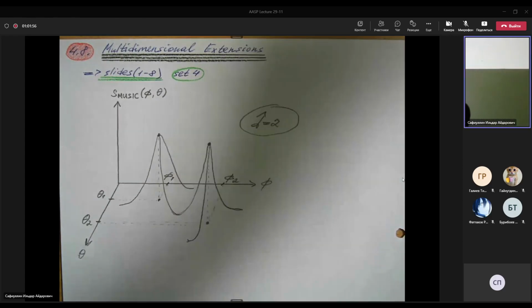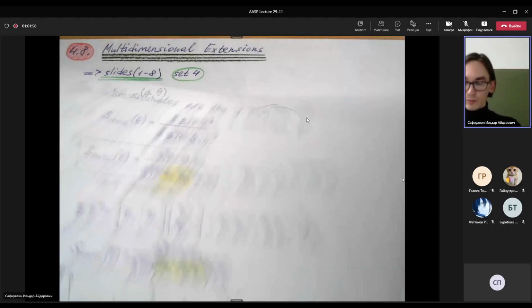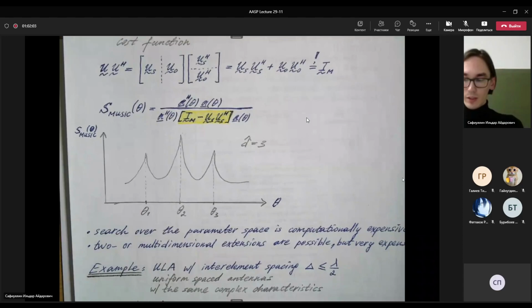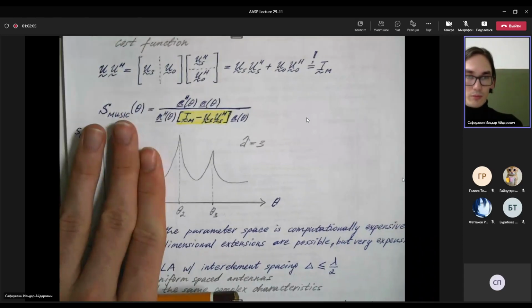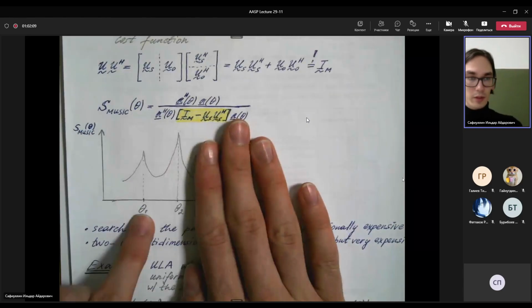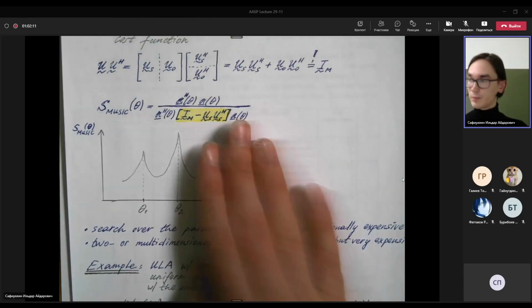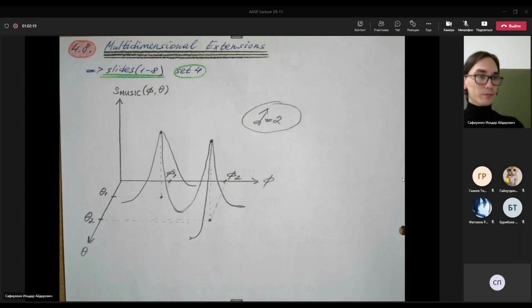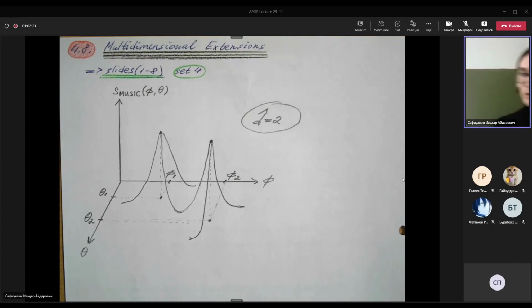And we can, in this case, draw this picture, but with two values, because we have theta 1 and theta 2.